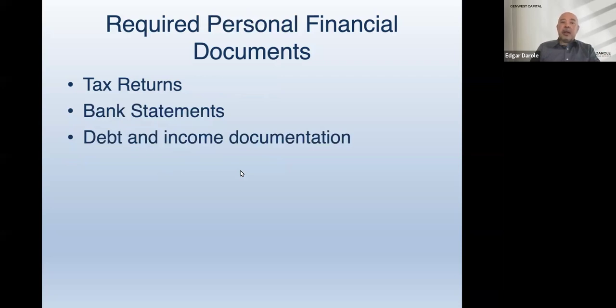Other required documents, like I mentioned, are tax returns, bank statements, and then income documentation. These are your W-2s if you have an outside source of income, your 1099s if you're on a 1099 form. That would help the underwriter put together a very complete package.